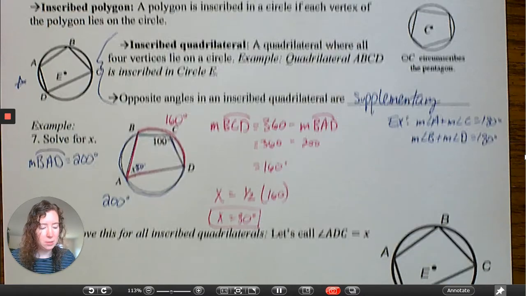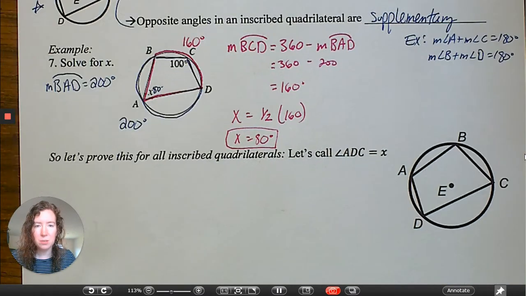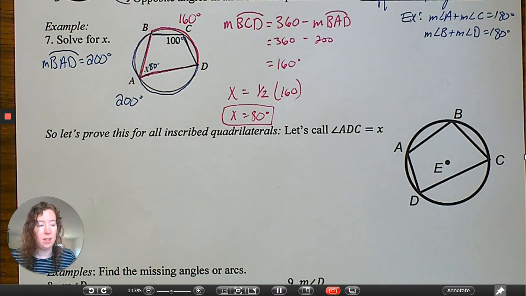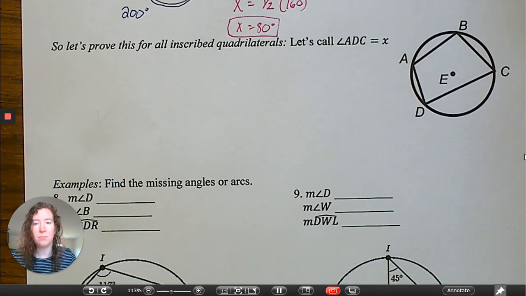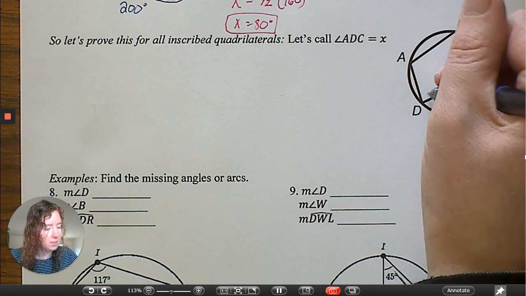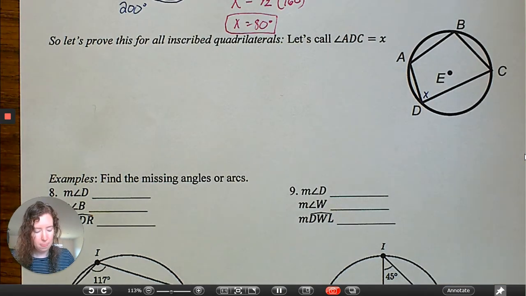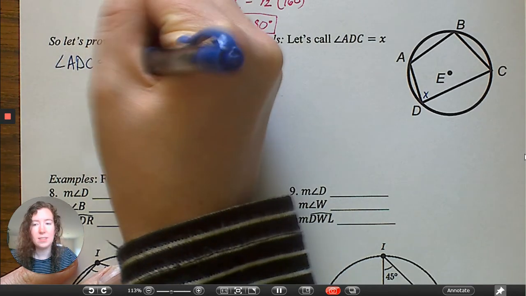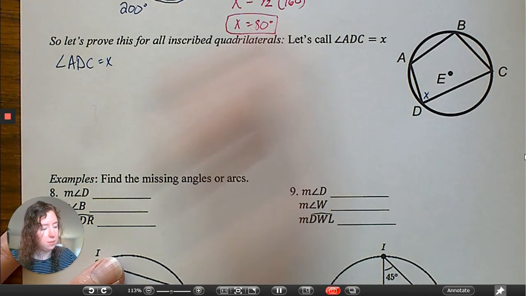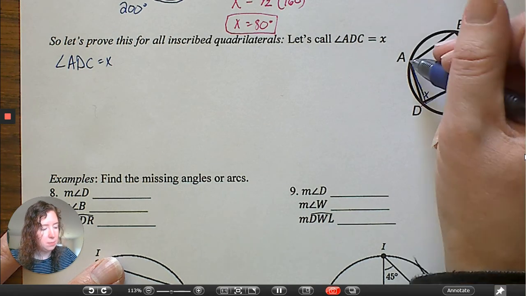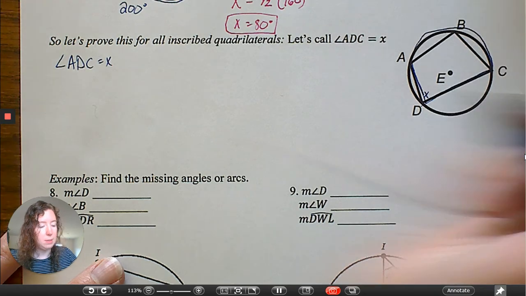Now, I want to take a little bit of time and prove this to you. I won't ever make you do this on your own. I just want to show you why it's cool, how you can do this for an arbitrary inscribed quadrilateral. So if we're going to call angle ADC, let's call it X. If I'm calling angle ADC X, and that is an inscribed angle, then I know that its intercepted arc is going to be double that.